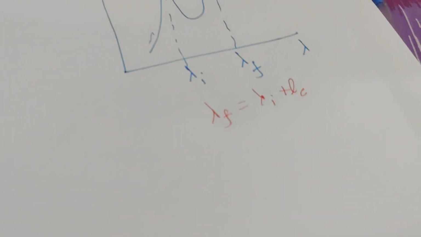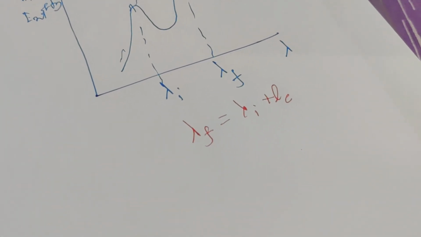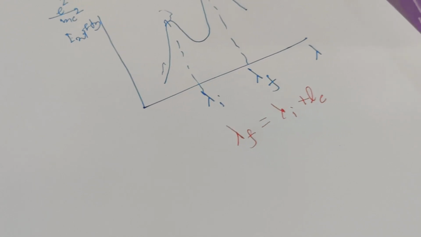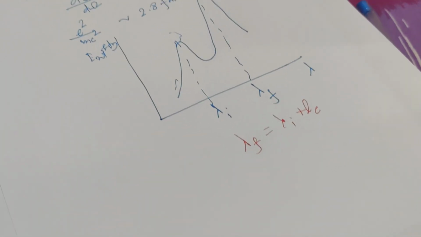So this is a particular behavior where the scattered photon wavelength is nothing but the initial plus lambda C, and the corresponding theta is obviously 90 degrees.